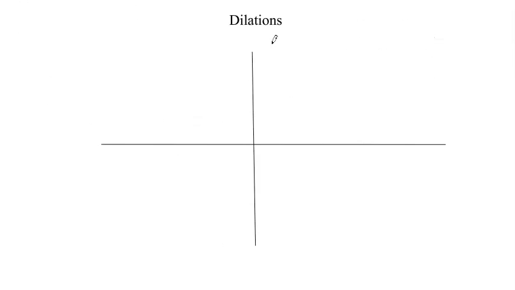So if you have a point (x, y) and you want to dilate it about the origin with a scale factor of n. From here to here is x, and from here to here is y.